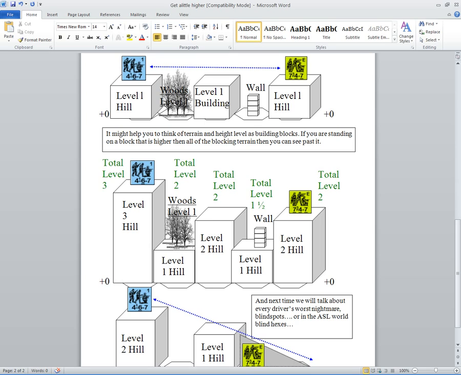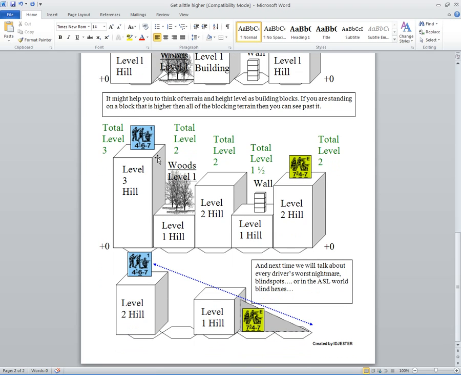It's a level 2 total. We have a level 1 hill with a half level wall. Its total is 1.5. And we have a level 2 hill over here. We have line of sight between these because I can see over everything in between me and my target hex.